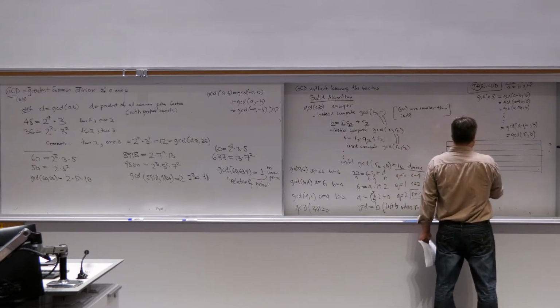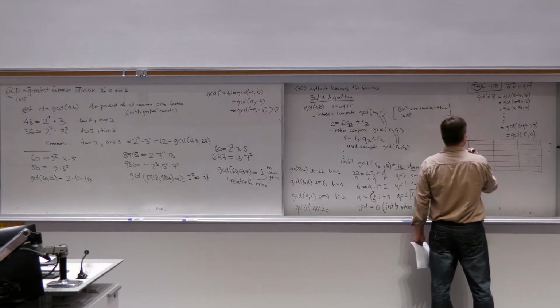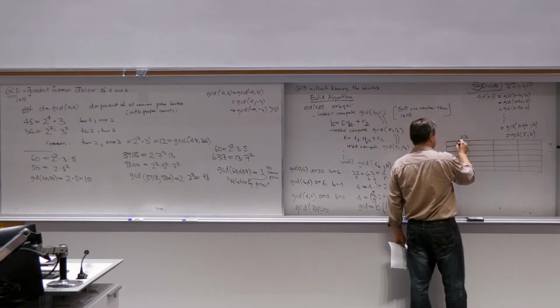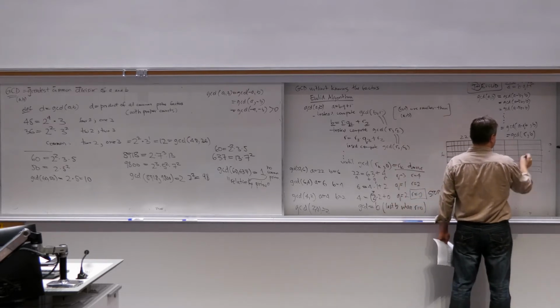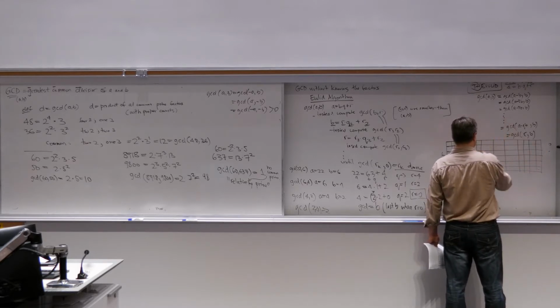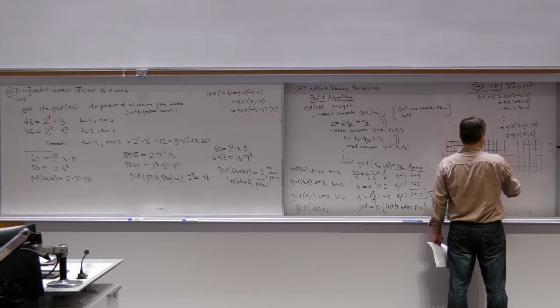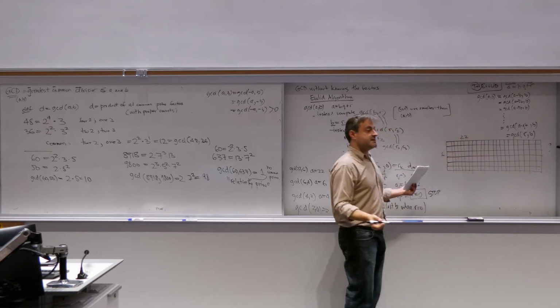So here's a 6, here's another 6, here's another 6, and here's a 4, right? I'm pretty sure you know what a 22 by 6 grid is.